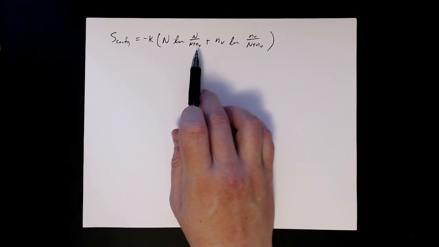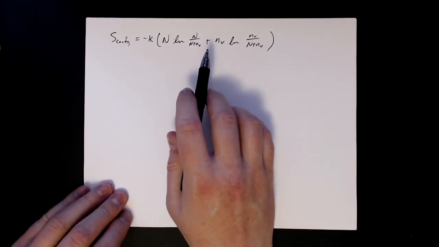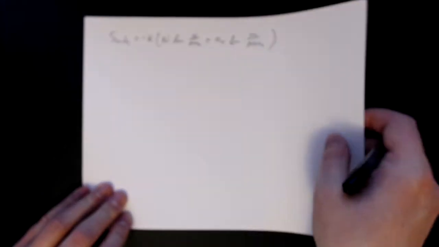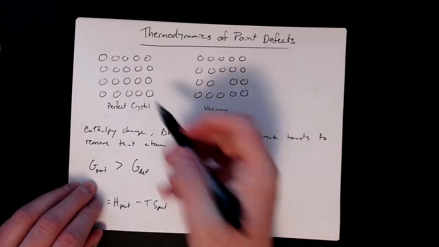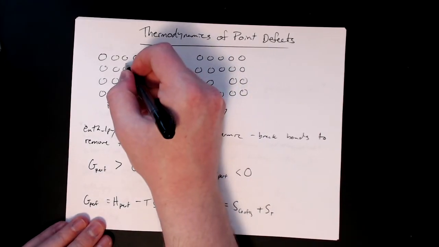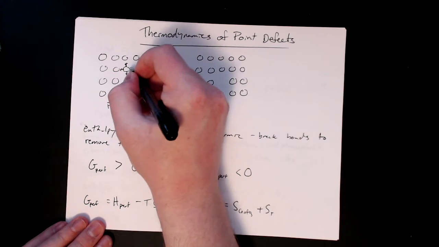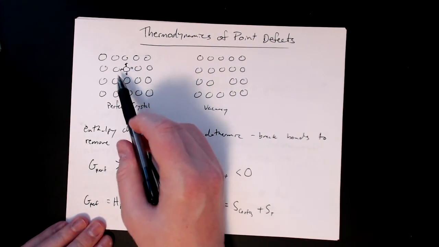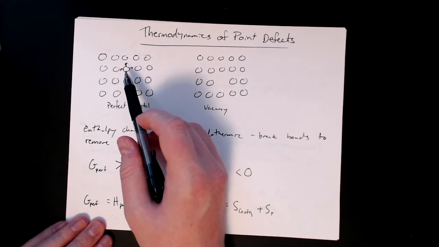But also, we have to consider thermal entropy as well. If we go back to a previous drawing I had, when we talk about thermal entropy, we're talking about how these things vibrate. These atoms vibrate around in the lattice, but they're constrained by the atoms around them.